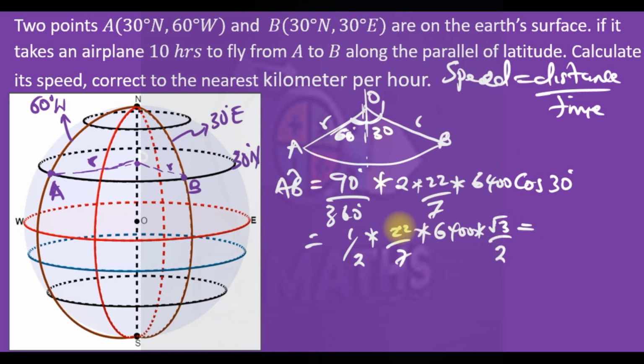So we can simplify, and I have 11 times 6,400 times root 3 divided by 14.